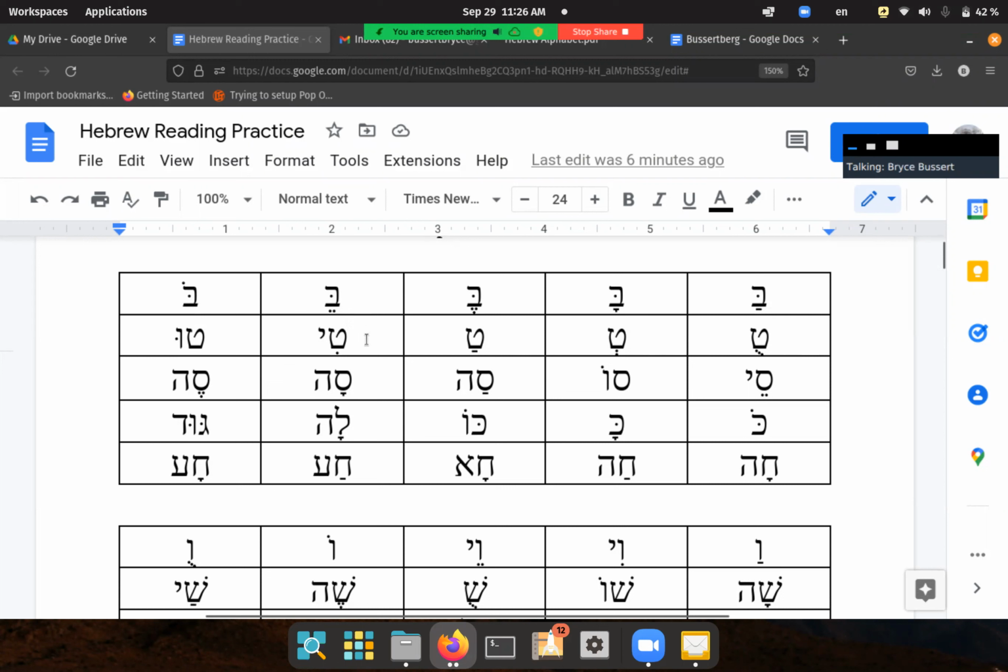Then we have t. Okay, you say, wait a minute, what's this yud doing there? Yud follows this e sometimes. You don't have to pronounce it, but you'll need to get used to seeing it and not letting it throw you off, because sometimes it will be there and sometimes it won't be there. Okay, so this is t, followed by two.